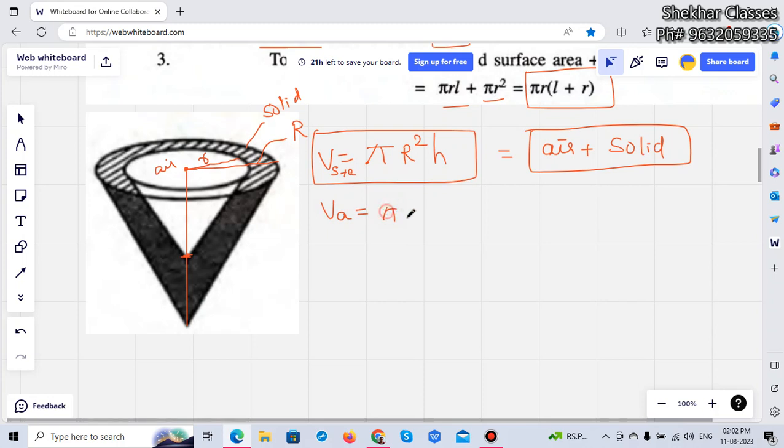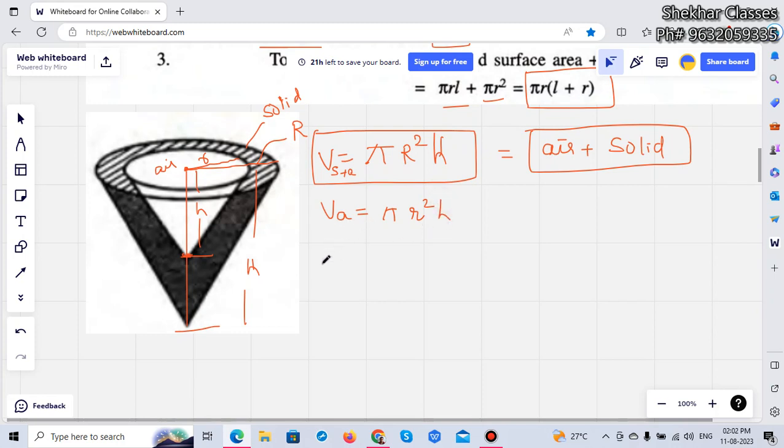Pi small r square, and this will have the total length H, until here it was capital H. From here to here is small h. So it will be pi small r square small h.